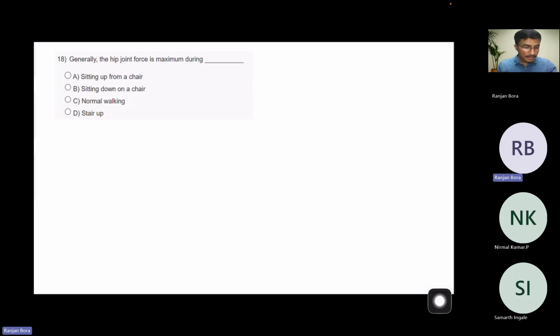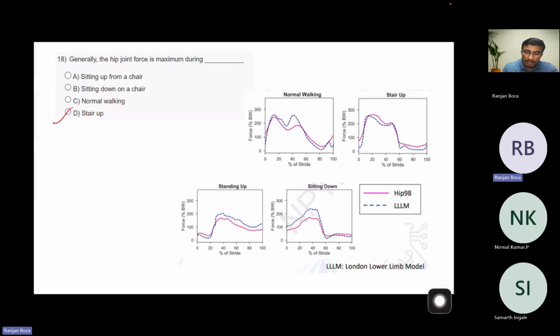And what is the answer for this? Generally, the hip joint force is maximum during... Is it A? No, it is D. So there is some data from the literature you can compare.